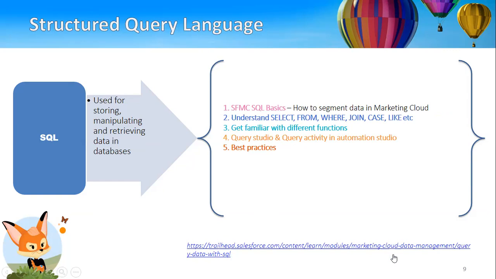So next is SQL. I know most of you know what SQL is: structured query language. If you are very new to SQL, using it you can store, manipulate, and retrieve data in databases. So far we discussed data, contacts, and data storage, so how do you manipulate or retrieve those details?